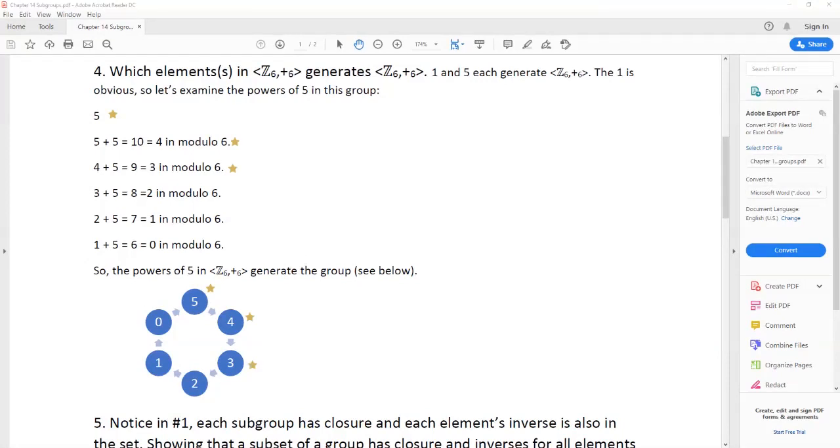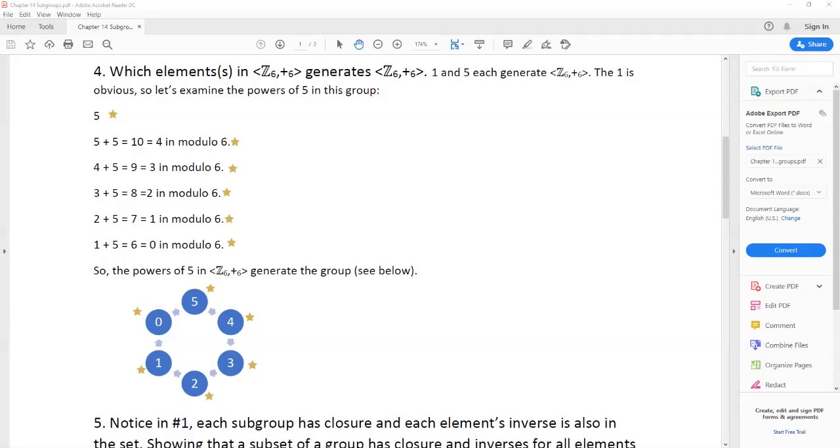Adding 5 to 3 produces the 2. If you add 5 to the 2, you get 1. Add 5 to the 1, and that gives you 0. So if you start with 5 and you continue to add 5, you will generate Z6.